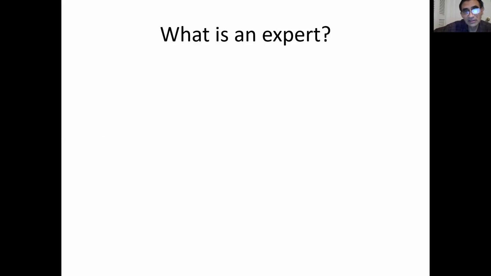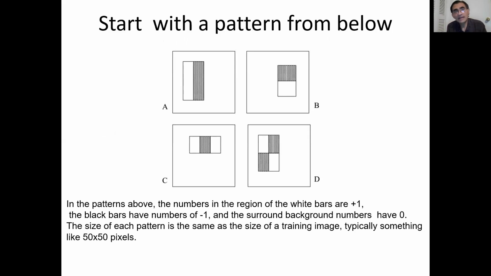Then I want to create an expert. So what is an expert? It turns out an expert basically starts out by being chosen as one of these 4 families of patterns, okay? These families of patterns are black and white bars within a box of zeros, okay? Black and white bars means the white part of the bar is a +1 and the black part of the bar is a -1.